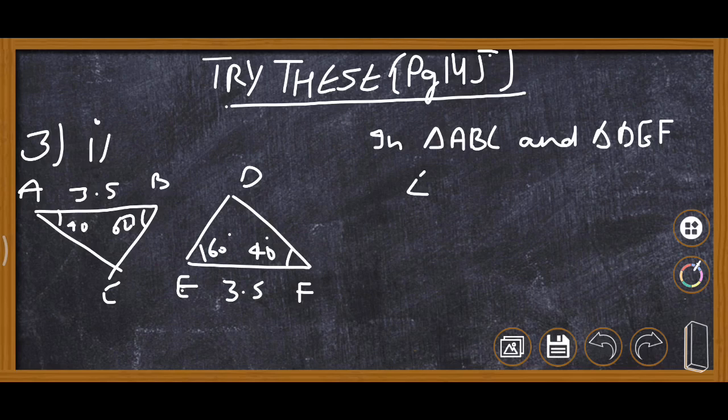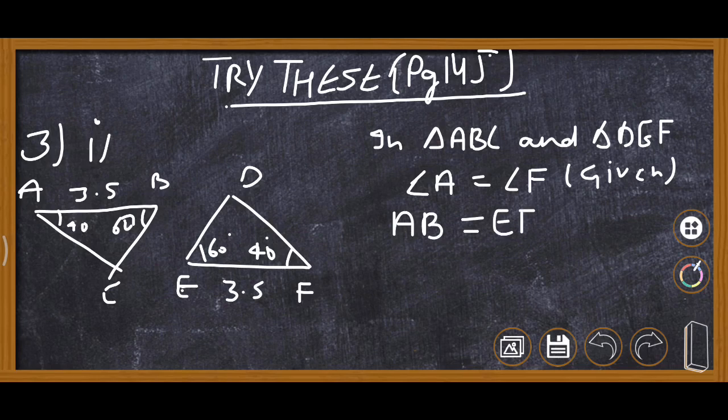So we will write angle A is equal to angle F, and we will write given. Side AB is 3.5 and here EF is 3.5. So we will write AB is equal to EF, it is also given.